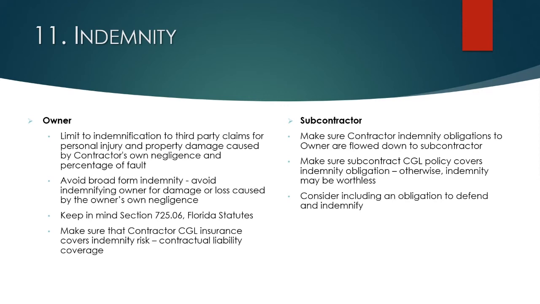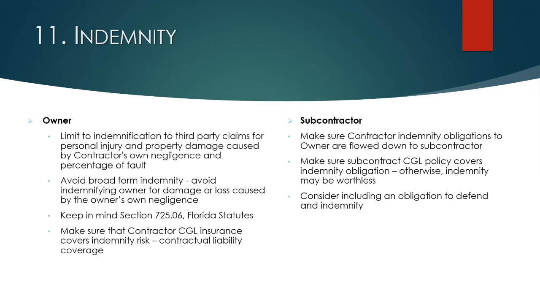Someone gets injured, someone brings a claim, it's not the owner, it's somebody else for personal injury or property damage caused by your negligence and your percentage of that negligence. That's key because you don't want to own all of it if you only caused part of it. Try to avoid any broad form indemnity where you're agreeing to indemnify the owner for bad conduct by the owner or its agents.